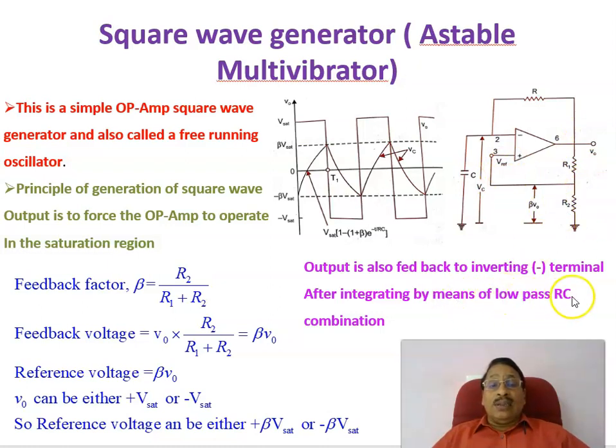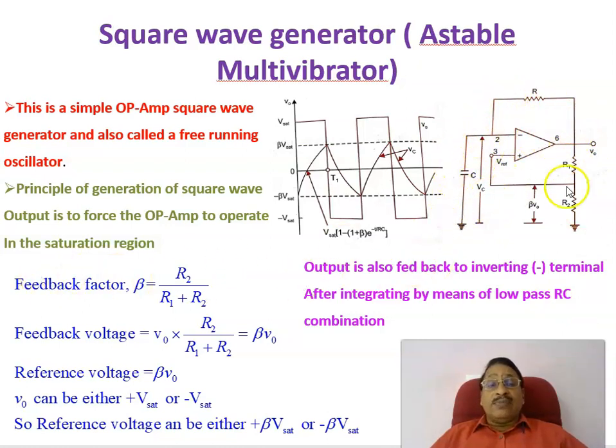This is one method of positive feedback. The output is also fed back to the inverting terminal through an RC combination, a low pass RC network. It is just like an integrator, and the capacitor gets charged.